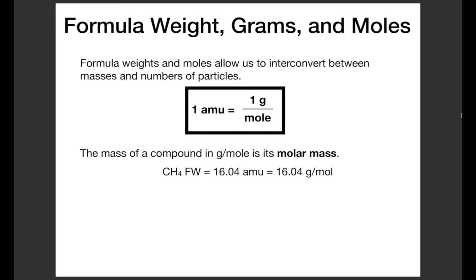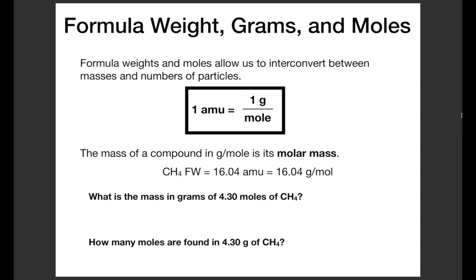We can use this relationship to interconvert between moles and grams. Using the methane example, we're going to determine the mass in grams of 4.30 moles of methane, and we're going to determine how many moles of methane are found in 4.30 grams of methane. When you go from moles to grams, you multiply the number of moles times the molar mass of that substance.